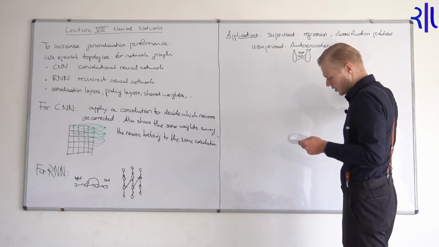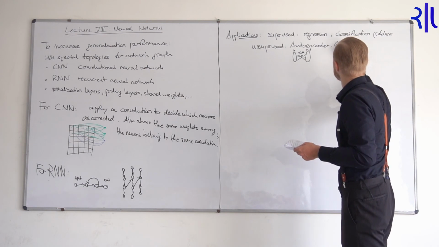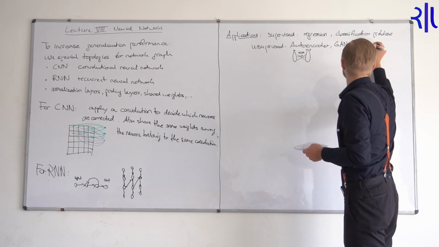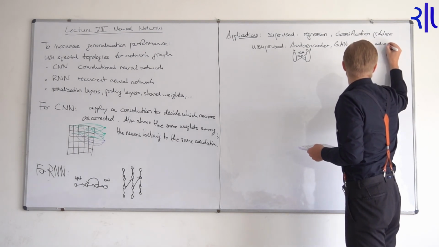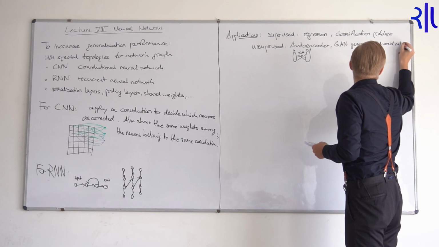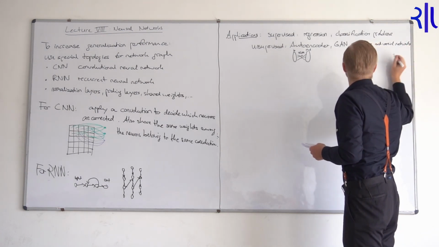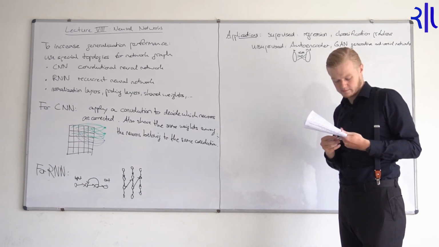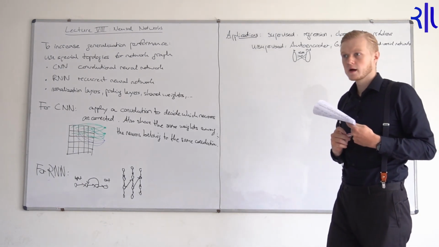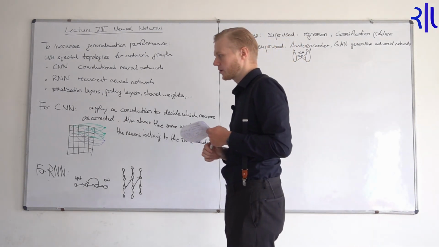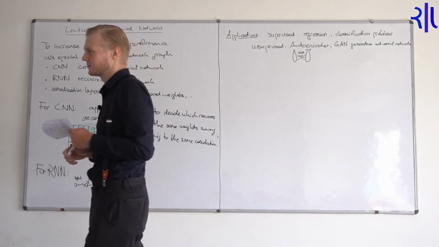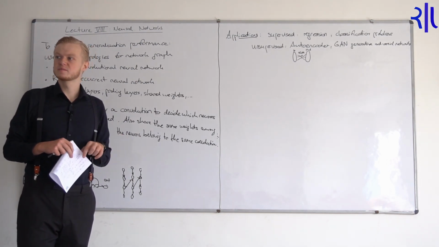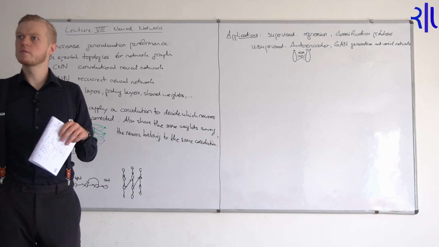There are so-called generative adversarial networks, GAN, and what they do is basically learn the distribution. However, how it works exactly is a little bit too complicated to dive into now. On a high level, we have two networks.